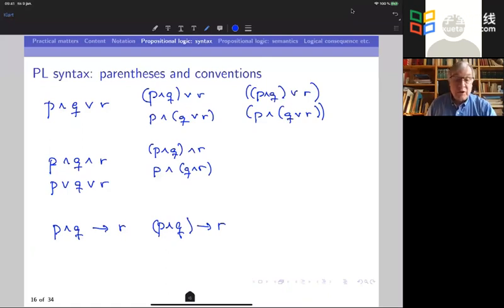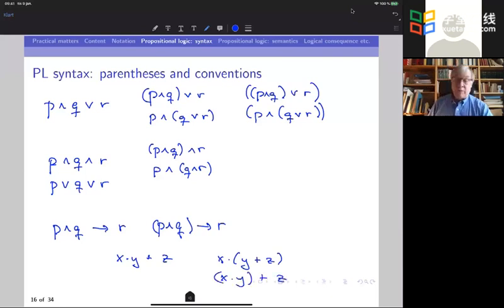It's actually a convention that you are familiar with. Think about your addition and multiplication. If I write x times y plus z, everybody knows what I mean by that, and everybody knows that I don't mean this, but what I mean is this.